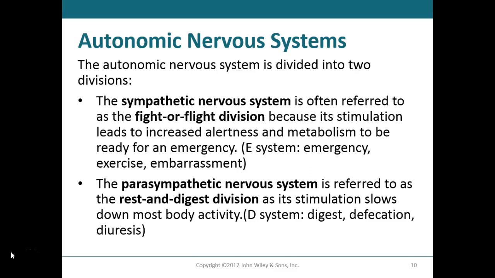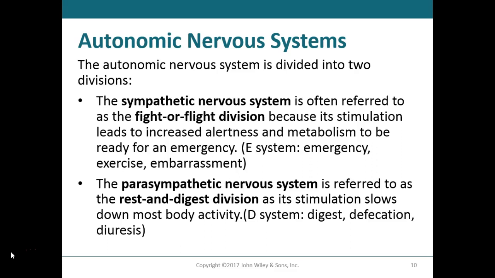Immediately you jump to attention. Your pupils dilate so that you can see better. Your heart rate is pounding. Why is your heart rate pounding? Well, it's trying to deliver more blood, carrying more oxygen out to skeletal muscle tissues so that you can make more ATP and have that energy to power muscle contractions so you can fight or flight, right? You're going to have to get out of a stressful situation.